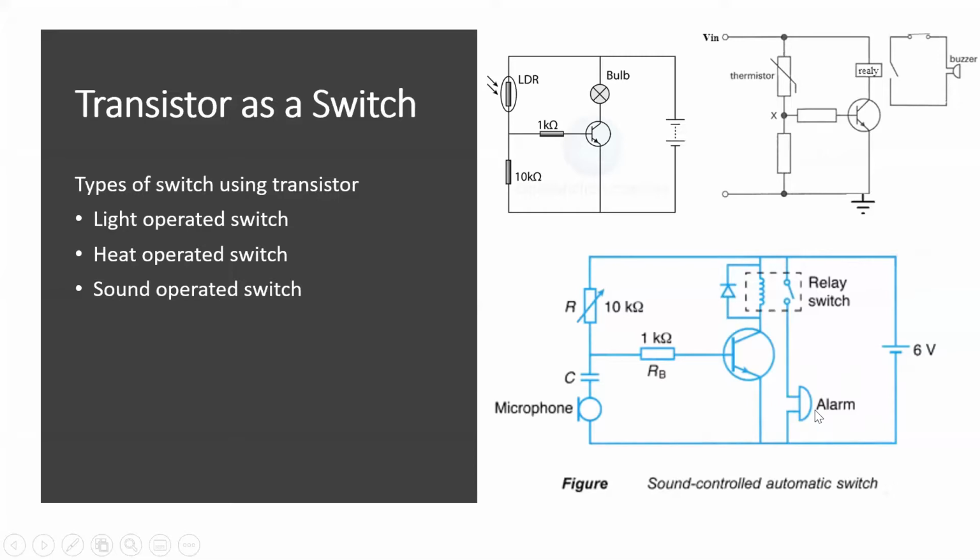You can switch on an alarm, or you can switch on a light if you connect a light here. So any such special switches can be made using a transistor. Is that clear how you can use a transistor as a switch? As special kinds of switches.